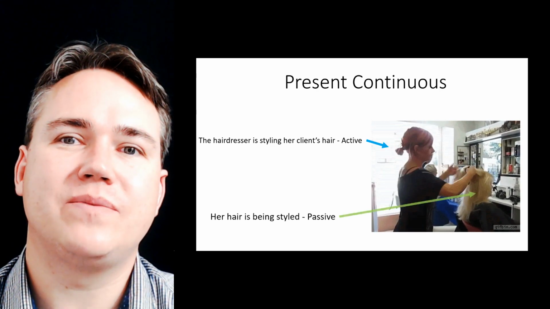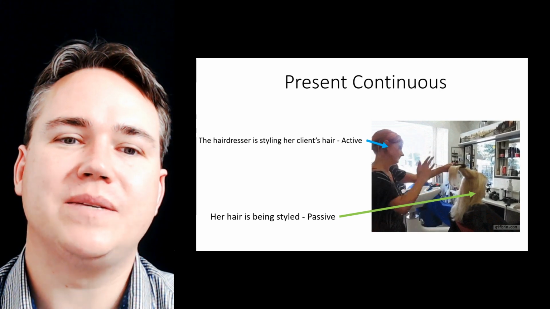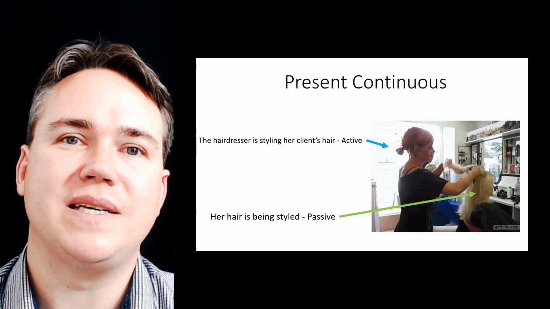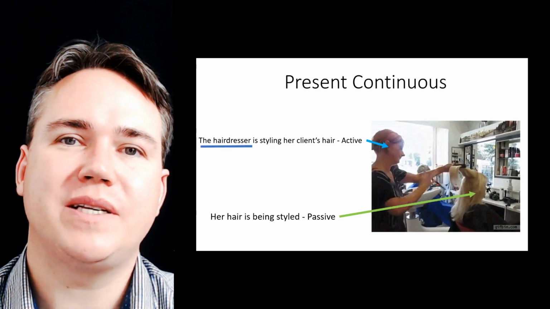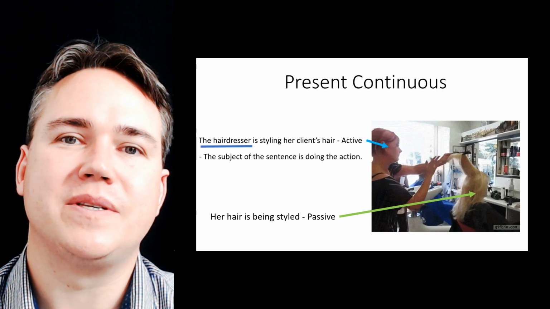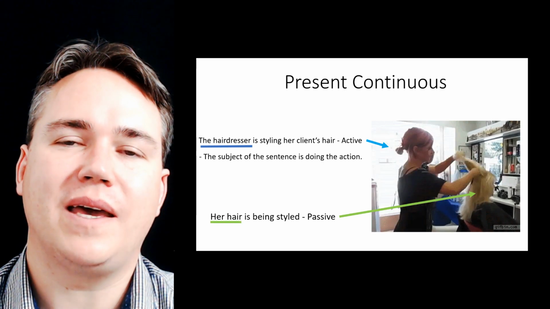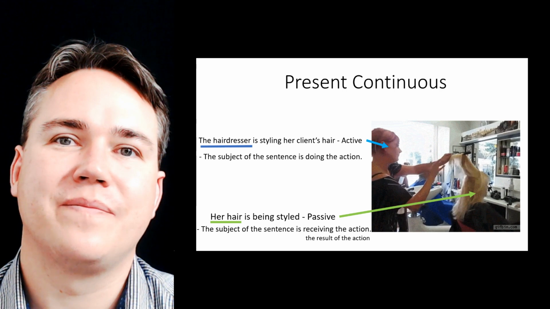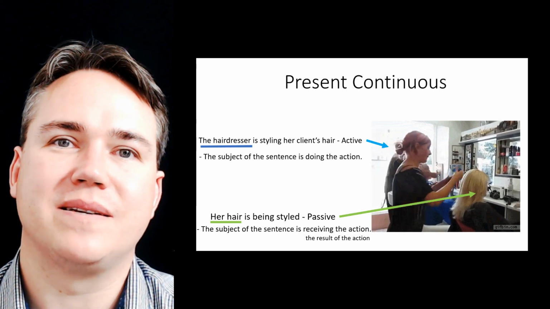And then we look at this one. Her hair is being styled. That is the result of the activity. So the hairdresser, that is the person doing the action. The hair, we're focusing on the result or the object of the action.